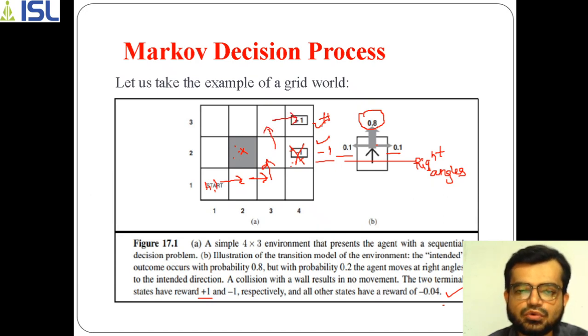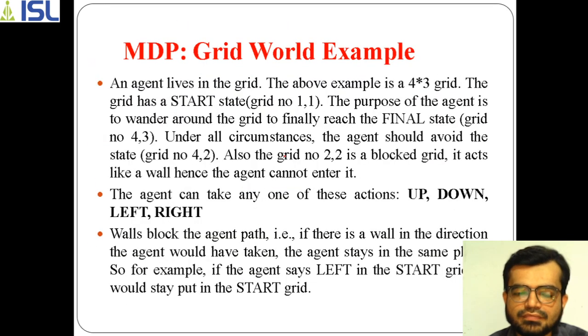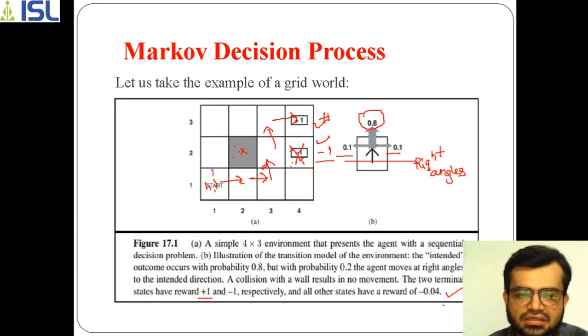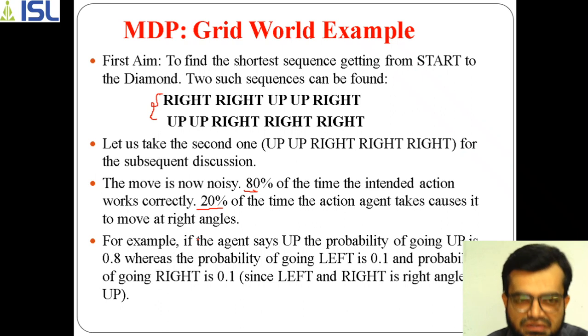So here it is moving to the destination. What is the other one? Up, again up, then moving right, again right, and finally again right. These are the two sequences you can find, and we can see which is the shortest sequence.